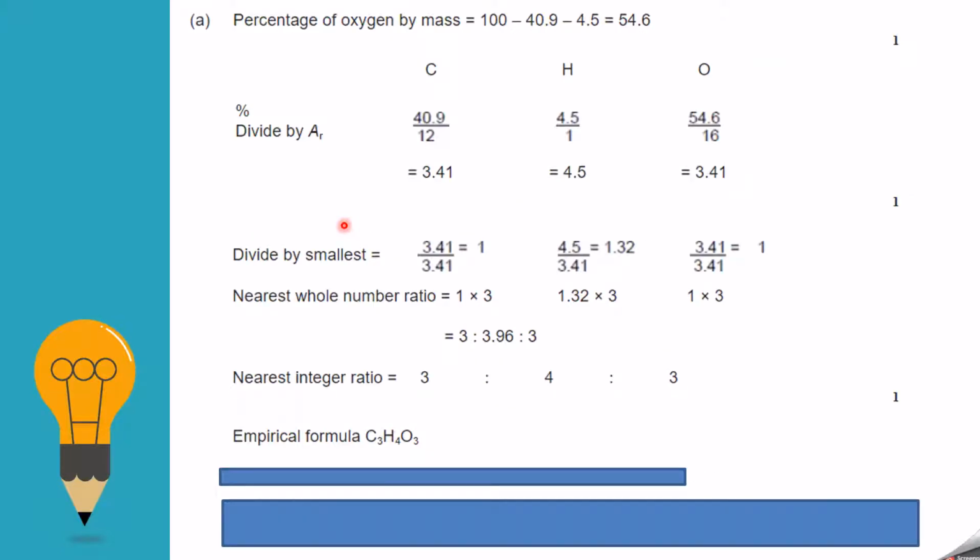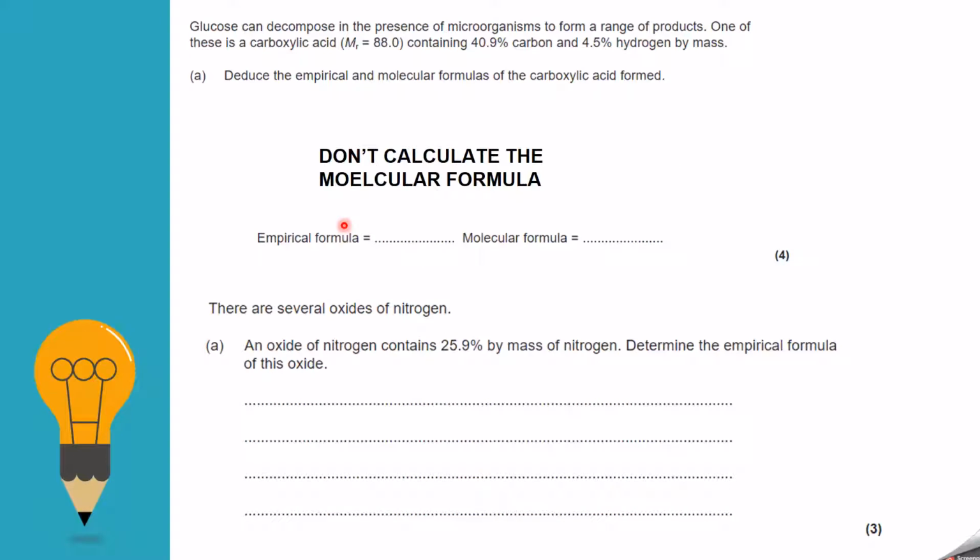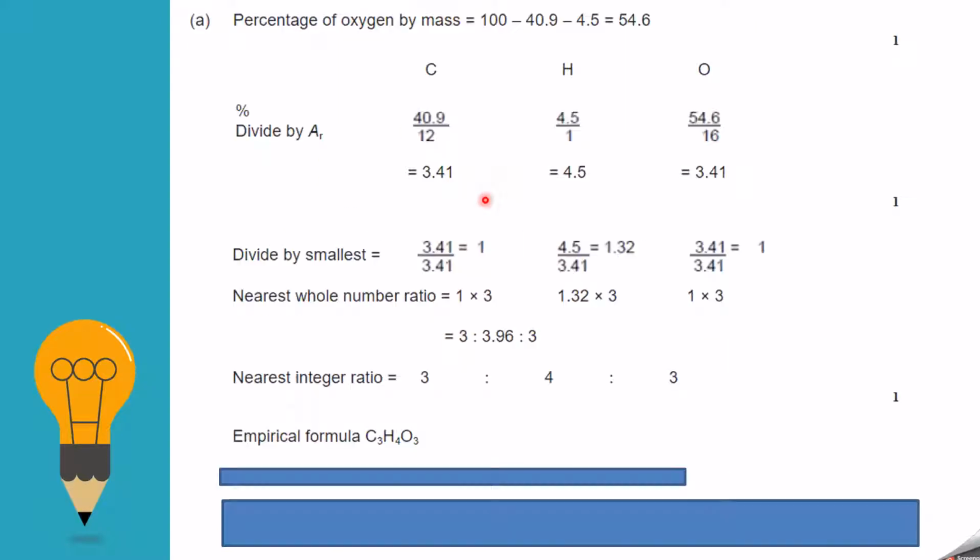So here's the answer for the first question. So percentage of oxygen by mass. So this is how you're going to give yourself the marks. So if you wrote out the AR for carbon, hydrogen and oxygen, and you divided the percentage masses by it, then that would give you 1 mark.